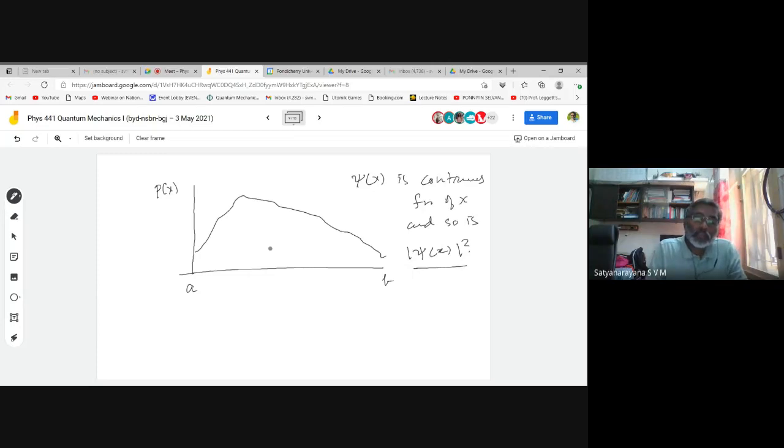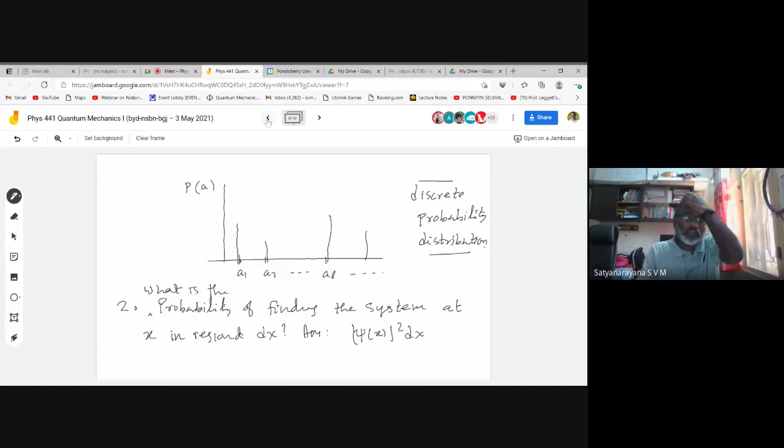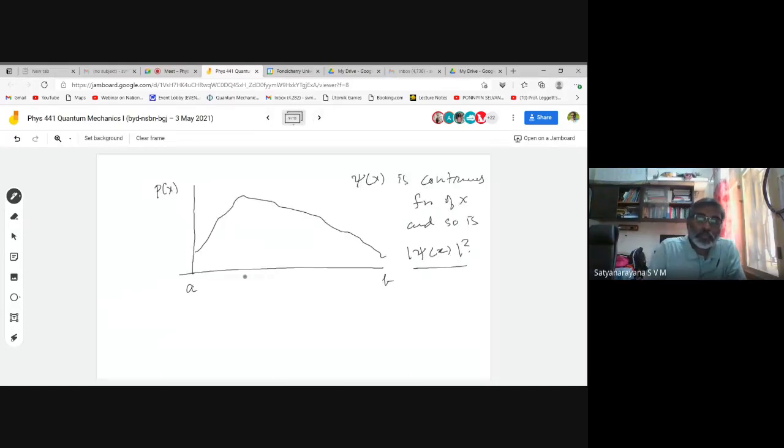So if you ask a question about x, because x has continuous eigenvalues, you can have a continuous distribution. Whereas the operator A that we talked about earlier has discrete eigenvalues and a discrete probability distribution. So this is a continuous probability distribution.